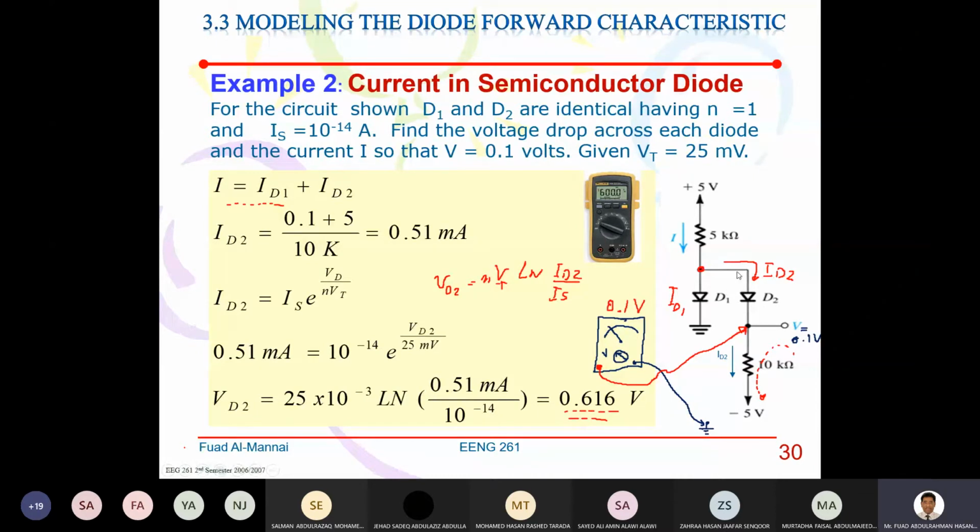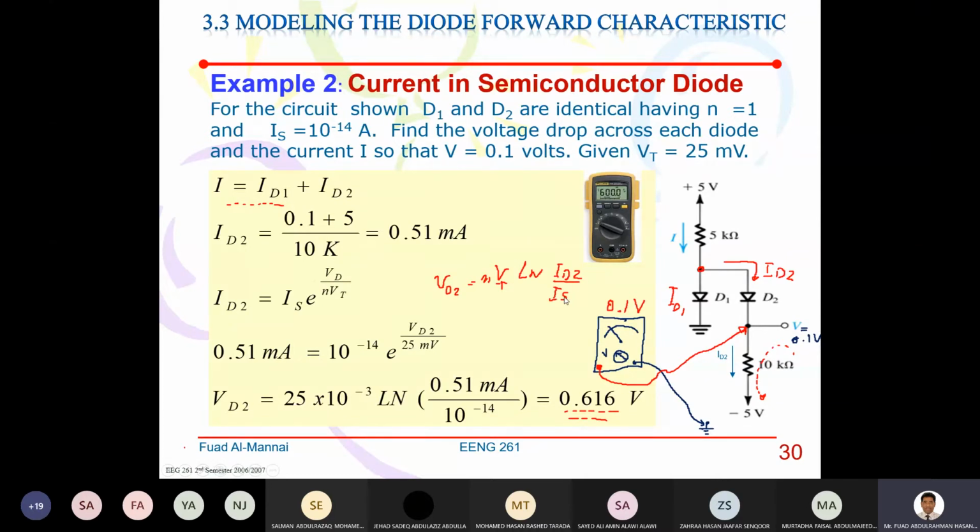Now I found the current flowing through D2, so I can find VD2. I use this formula: ID2 is equal to Is e to the power of VD divided by nVT. Then I can solve for VD: VD2 is equal to nVT ln of ID2 divided by Is.